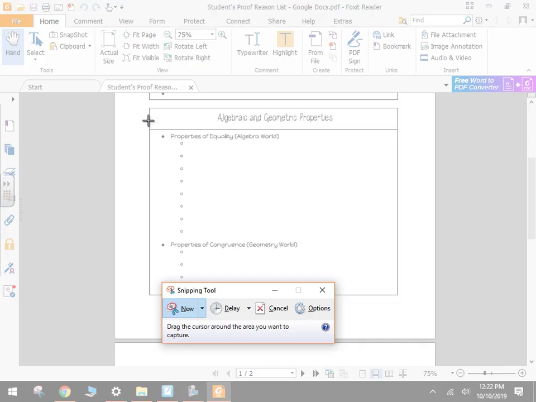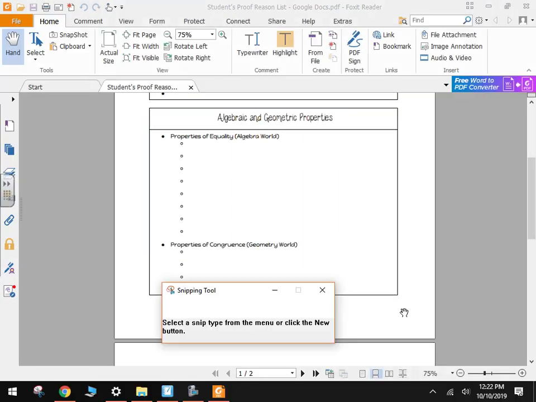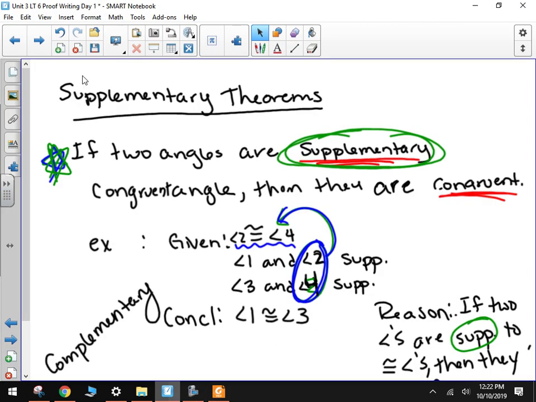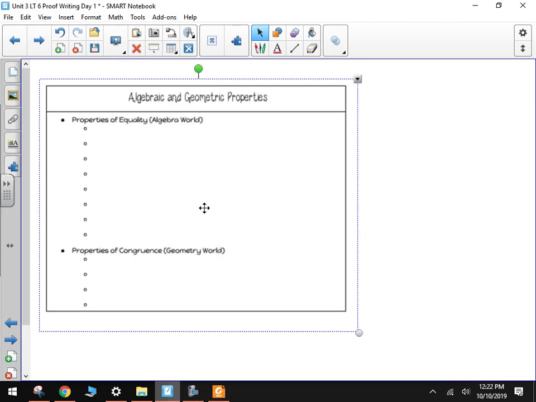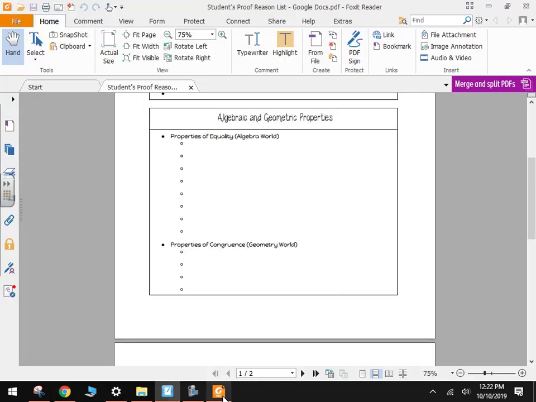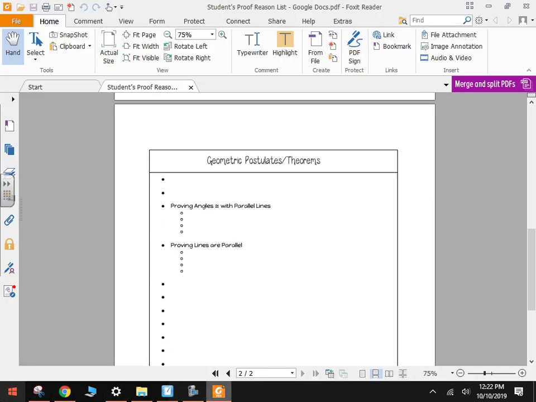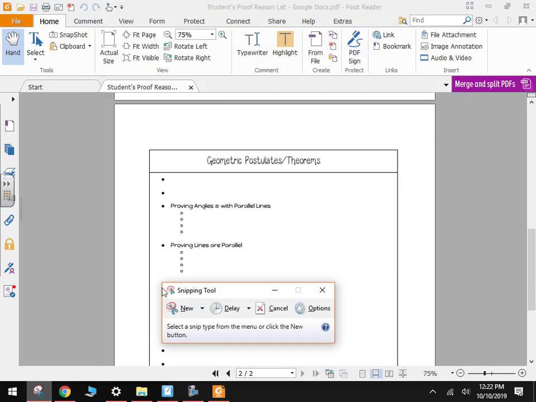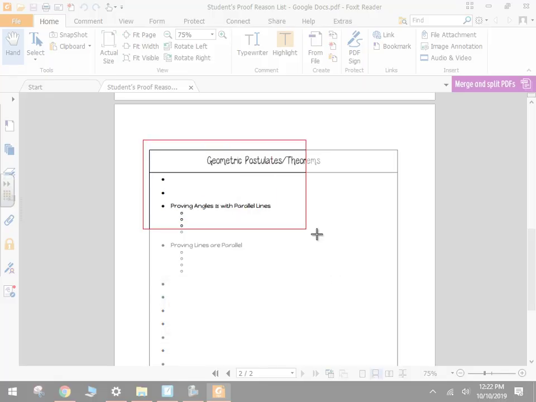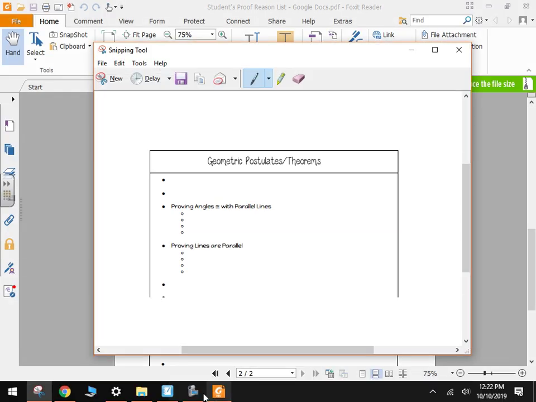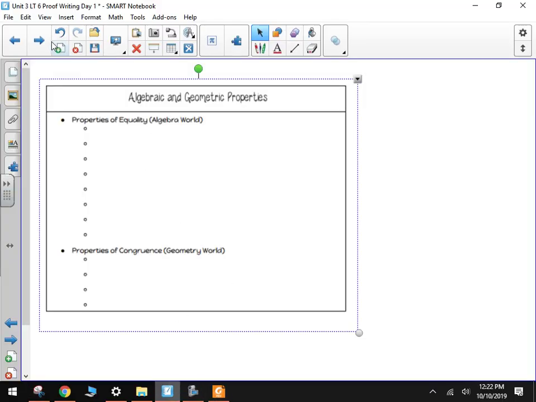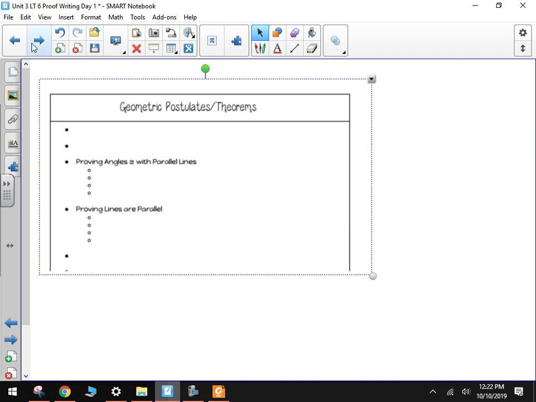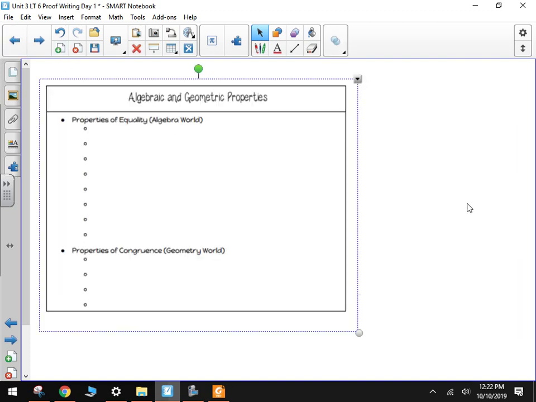All right, so we're going to fill in those last 3 bullet points for the properties of equality. You're going to put symmetric property of equality, transitive property of equality, and reflexive property of equality. In the geometry world, we're going to write those down too.